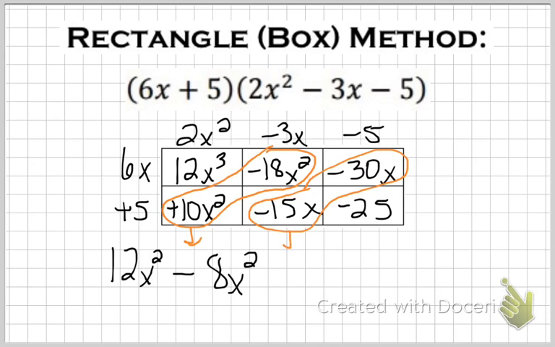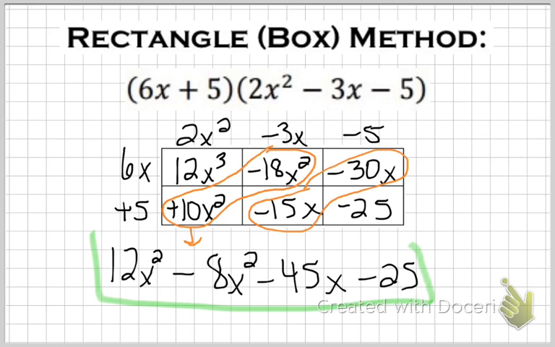Then we will need to combine those two. Negative 15 minus 30, which would give us a negative 45x. And then at the end we have the minus 25. By the way, this example is like the first example I went over in this video. I'm just trying to show you that there's another way of doing it. So this would be the same simplified answer that we got on the problem a few minutes ago.